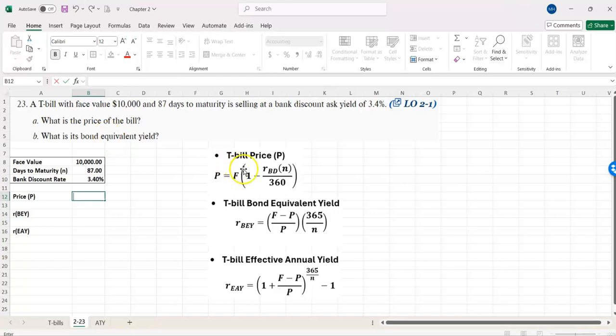So what's the price? The price formula is face times 1 minus the bank discount rate times N divided by 360.